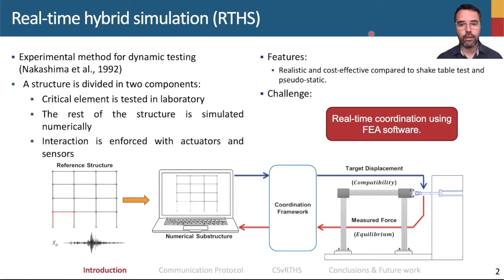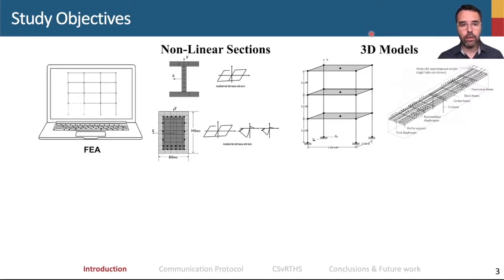One of the challenges of RTHS is the coordination of finite element analysis software to provide more realistic analysis of the structure. So for finite element analysis, we usually would like to include three-dimensional models and structures that have nonlinear response.